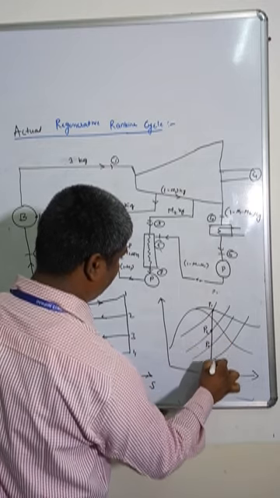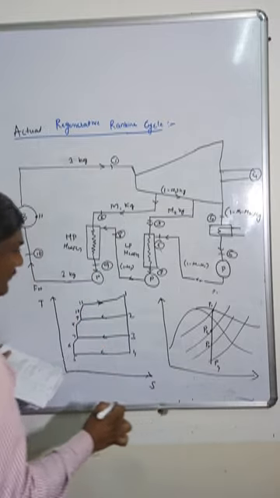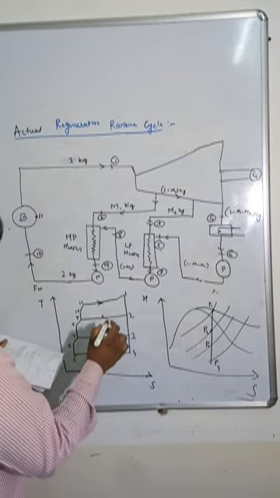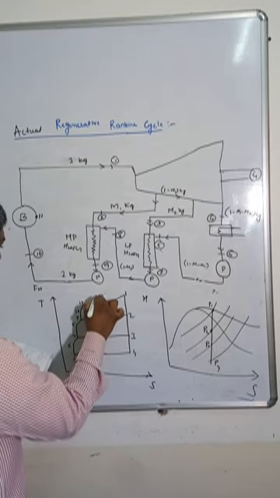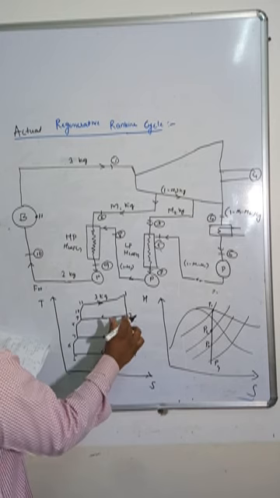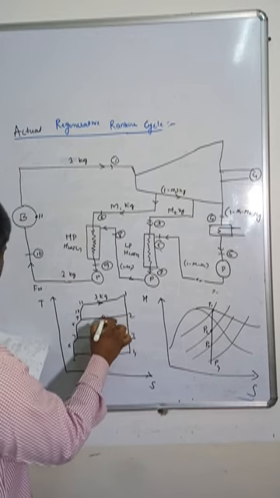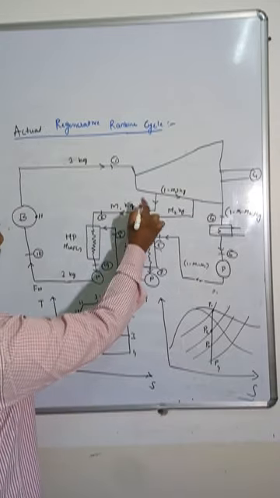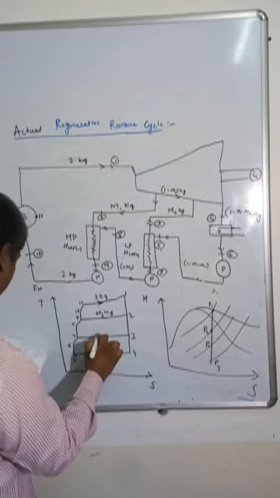P2, P3 and P4. So here at P1 it is 1 kg directly we are getting at 11, yes or no? And at 2 how much we are getting? M1 kg. At 2, M1 kg. At 3, M2.